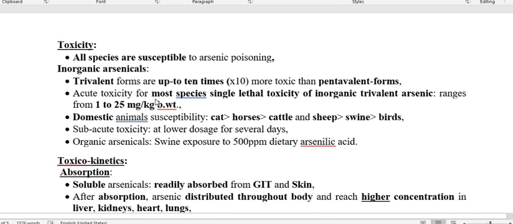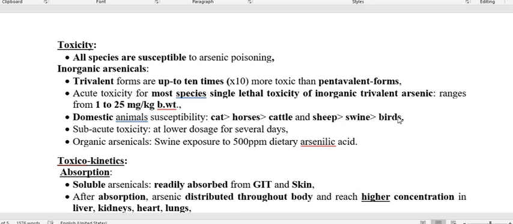Now we have to go through the toxicity. As we already discussed, the trivalent form is about 5 to 10 times more toxic than the pentavalent arsenic form. The next important point is that almost all species are affected by arsenic toxicity.